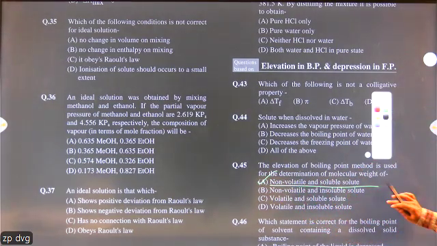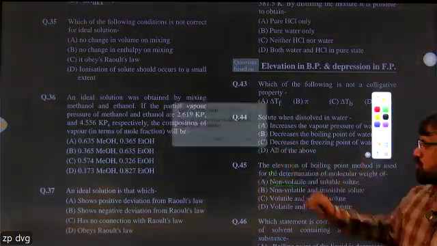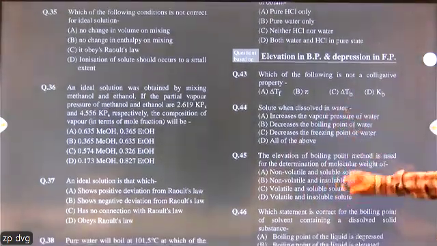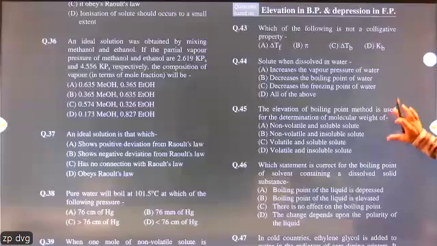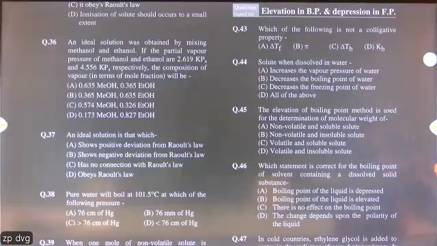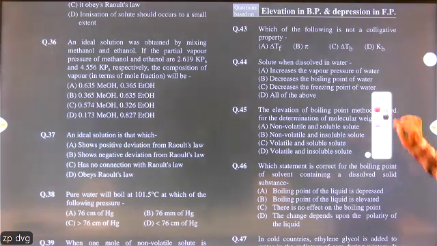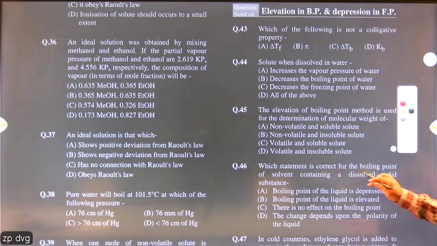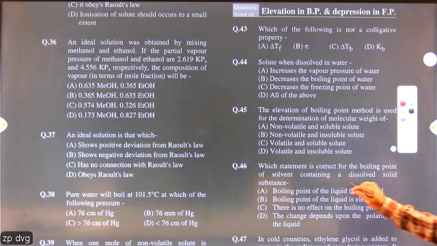Next one, question number 46: which statement is correct for the boiling point of a solvent containing a dissolved solid substance?